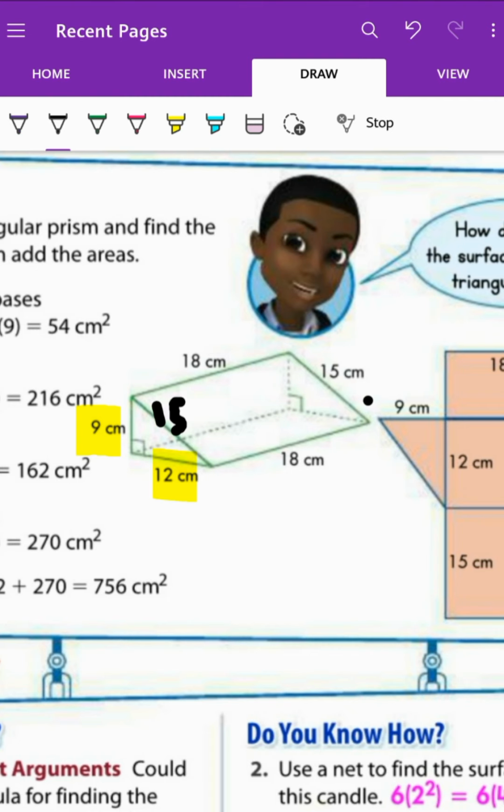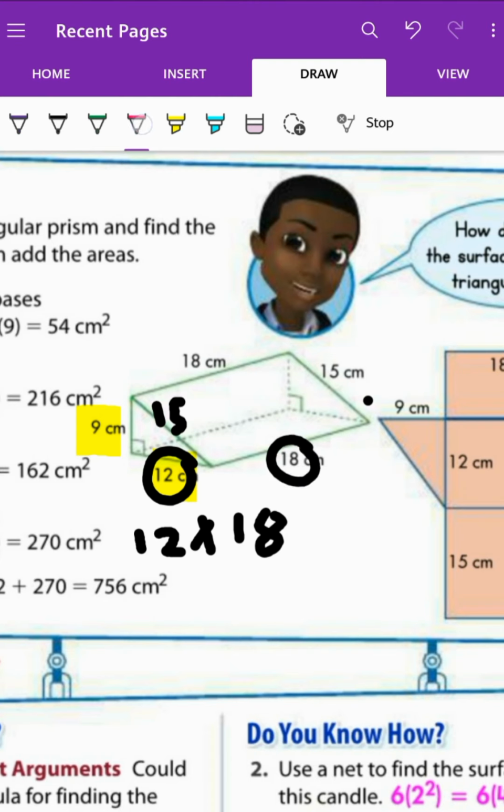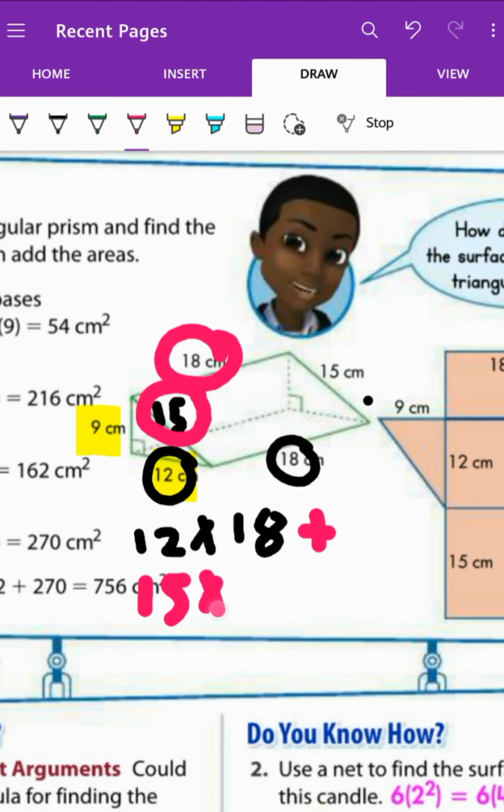To find out the area for the rest, the three rectangles, it is 12 multiply 18 plus 15 multiply 18 plus 9 multiply 18.